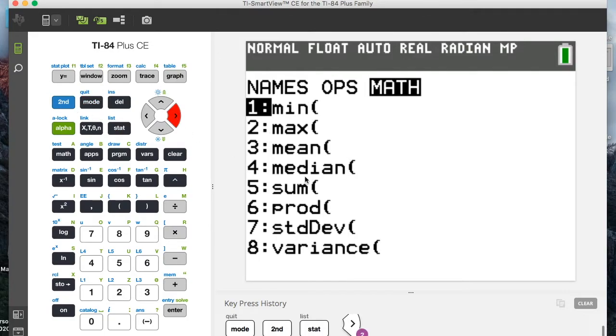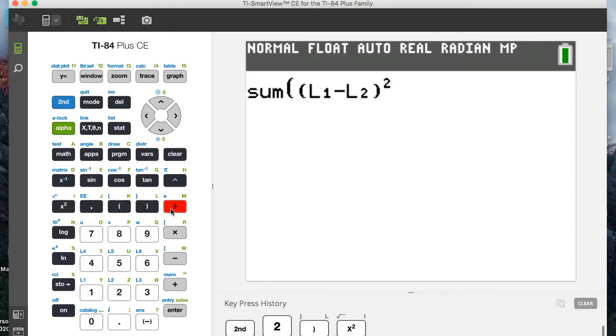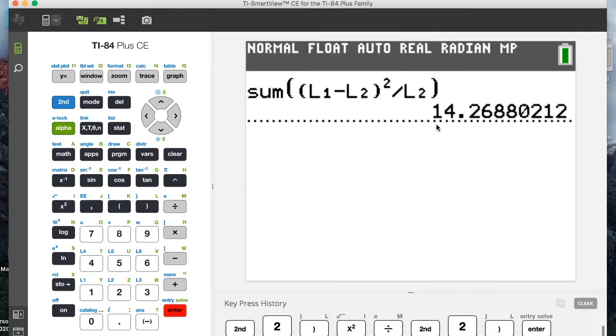This is going to get me to the sum function, number 5, parenthesis, L1 minus L2 parenthesis squared divided by L2, close parentheses. That's my test statistic formula. Summing all of it up, hit enter. 14.269. So 14.269 is my test statistic.